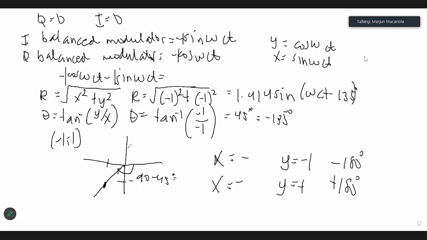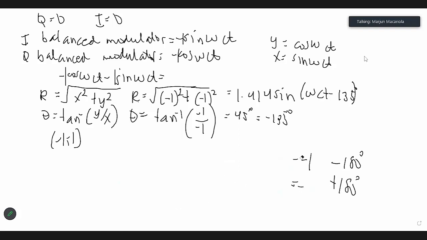Remember that. Kapag ang value ng x mo ay negative at ang value ng y ay negative, mag-minus ka ng 180 degrees. Kapag ang value ng x mo ay negative at ang value mo ng y ay positive, mag-plus ka ng 180 degrees. Okay? Nakuha? Nagets po ba?